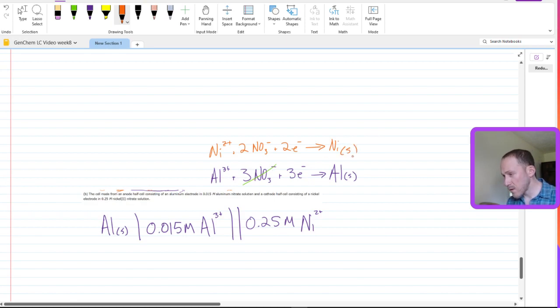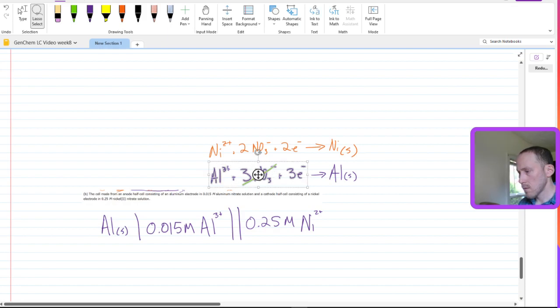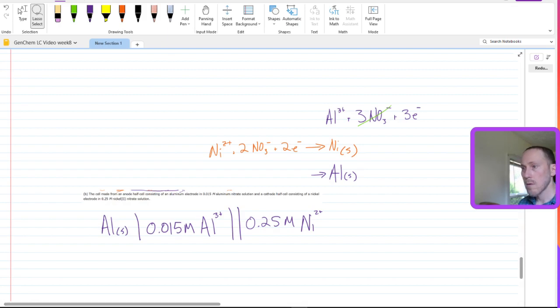Solid nickel cathode. So the anode part is this. Okay, there we go. Left the L behind.